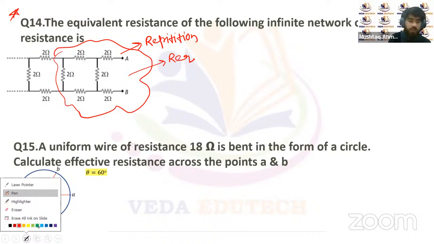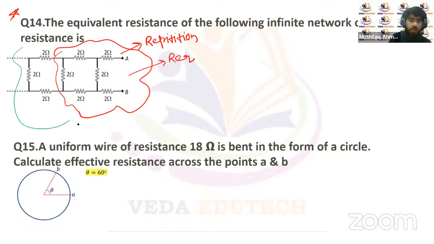If we take the equivalent resistance of this part as R equivalent, then the equivalent resistance of the whole part will also be R equivalent. So we can write the circuit in this fashion.